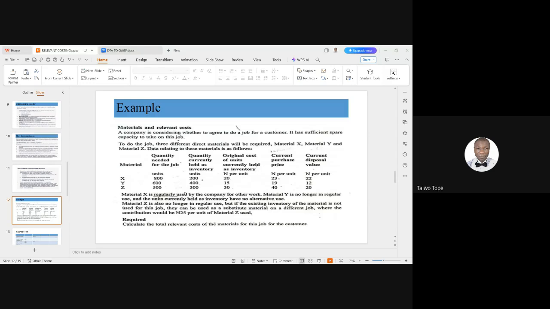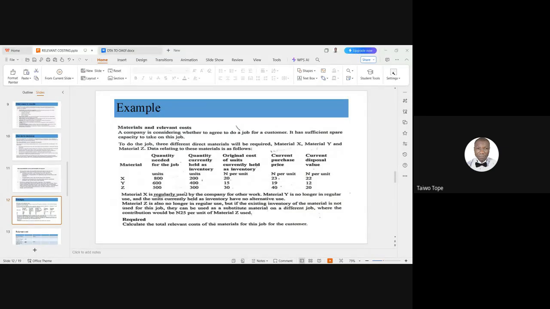800 units, because even before we plan going to the market, the existing 200 units in the store might have been requested by the production department. So our decision should be based on 800, and we need to buy what we need to meet up with this job.